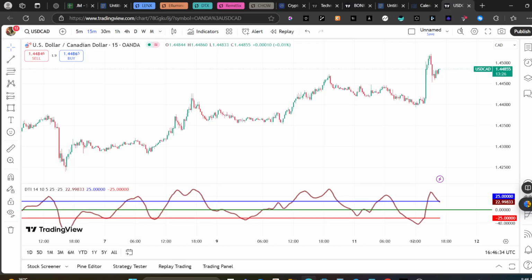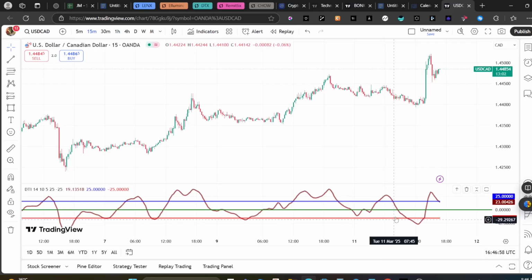In other words, it helps you filter out all those small, insignificant price movements that can lead to confusion. With DTI, you get a clearer picture of the overall market sentiment, which can give you a significant edge when making decisions.